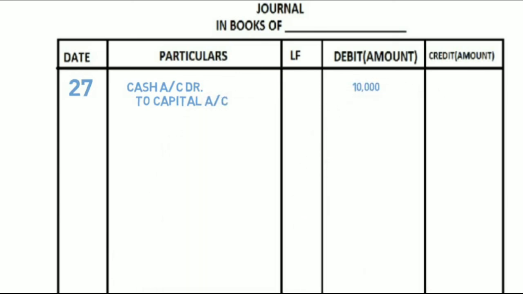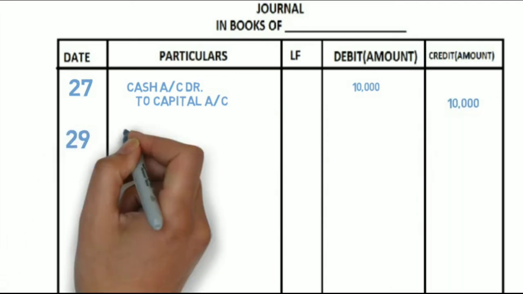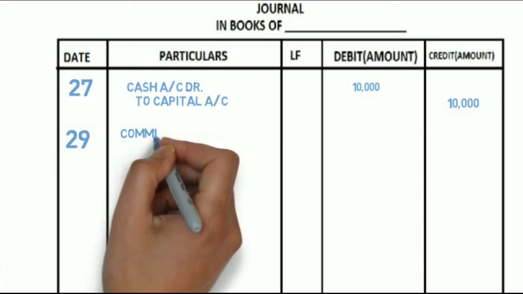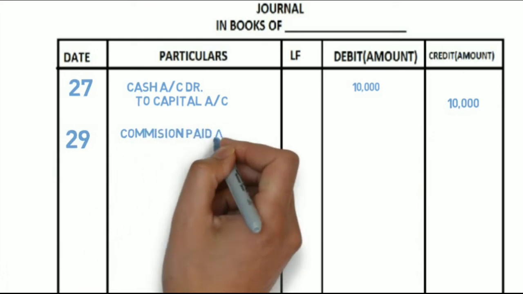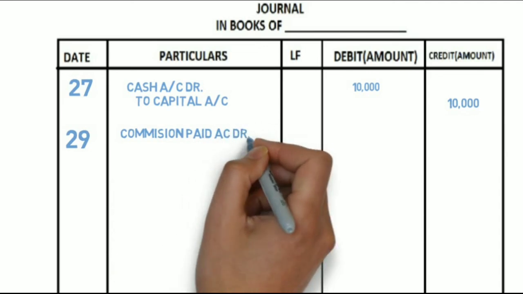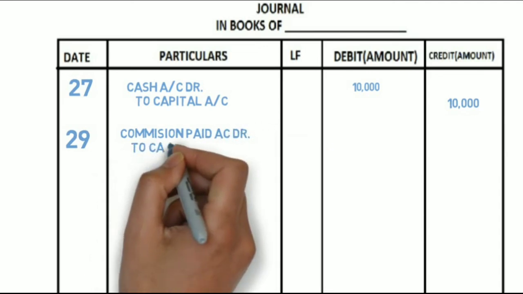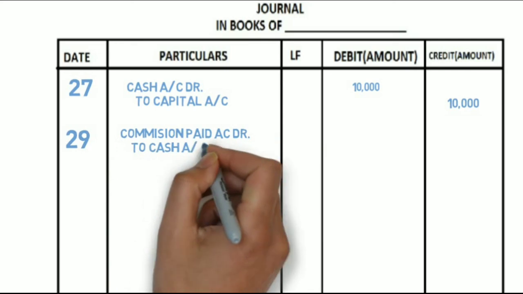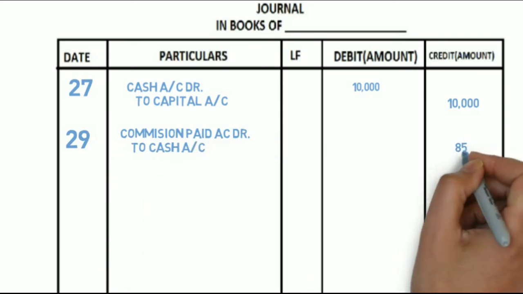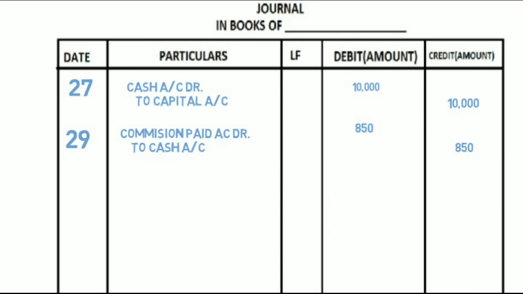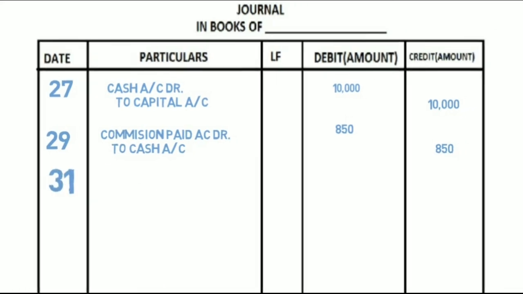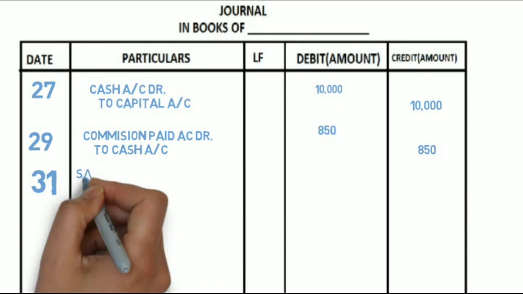So cash account debit to capital account 10,000. And on 29th, paid commission for salesman for the month 850. Commission, as an expense, we have to debit it, and our cash has gone or asset has been reduced, so commission account debit to cash account 850.